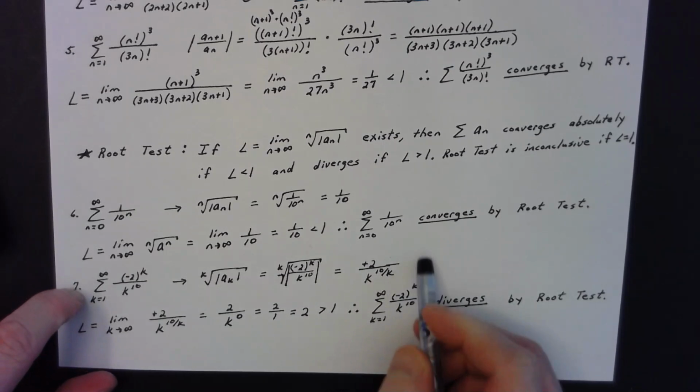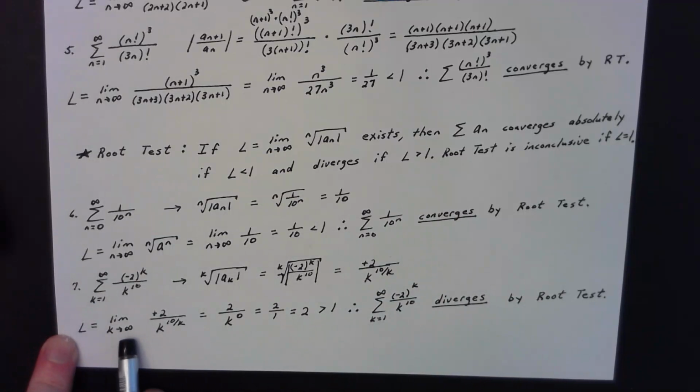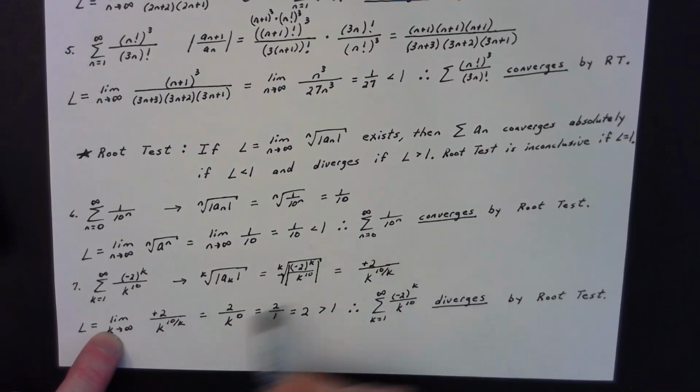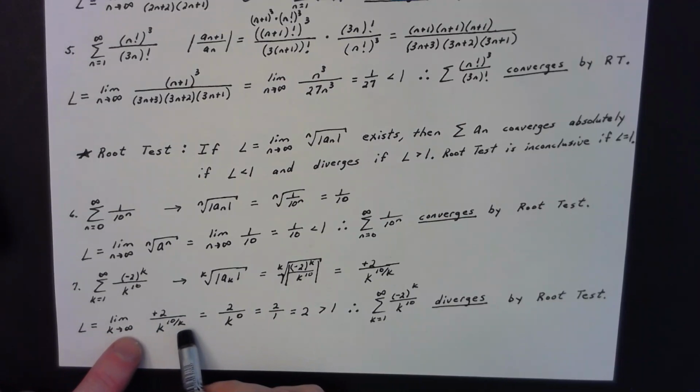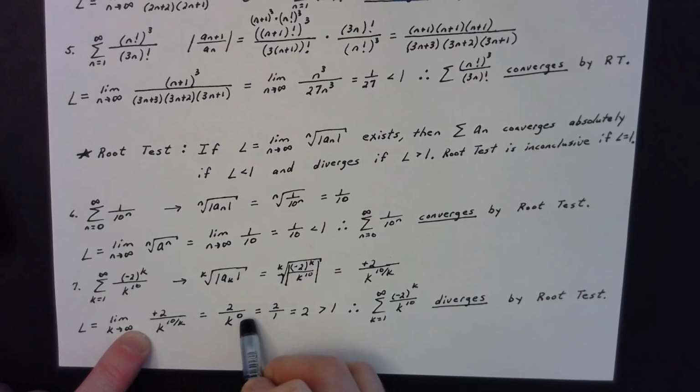Now it's okay to put this into my limit notation. I would say the limit as k approaches infinity of my numerator 2 over k to the 10 over k power. Well, just think, as k goes to infinity, this denominator is going to be k to the 10 over infinity power. So that's going to give me k to the 0 power down there.